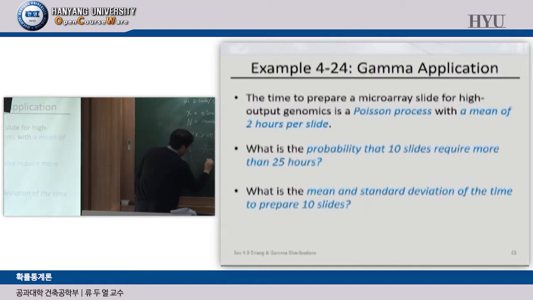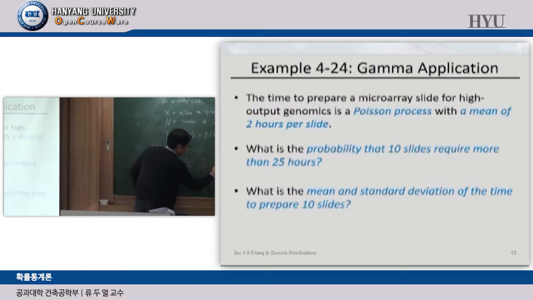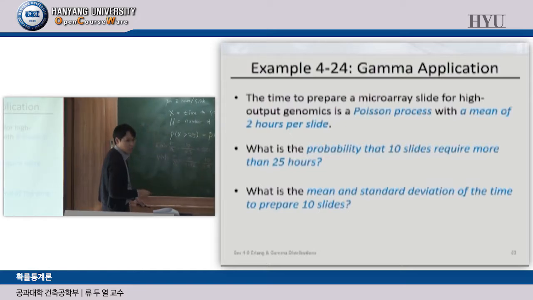That is equal to 10 over 0.5 squared, equal to 10 over 0.25, that is equal to 40. So the standard deviation is the root of V(X), right? That is root 40, and that is equal to 6.32. Okay?